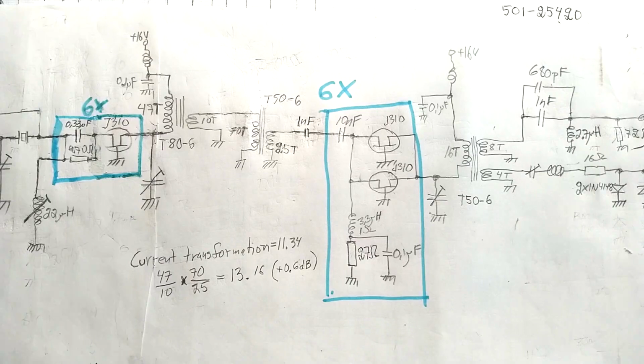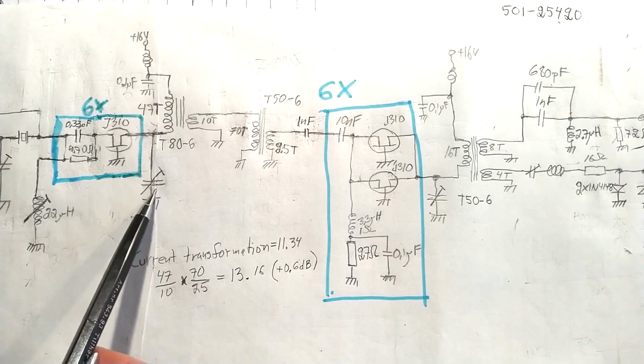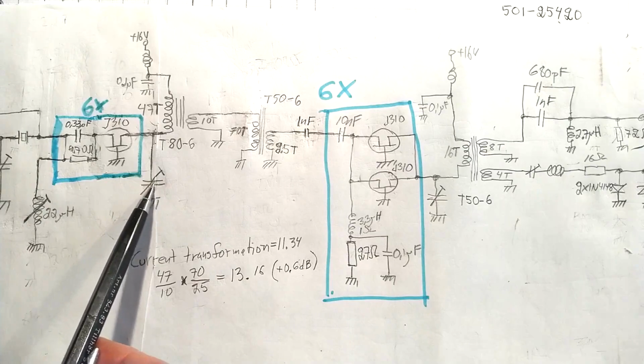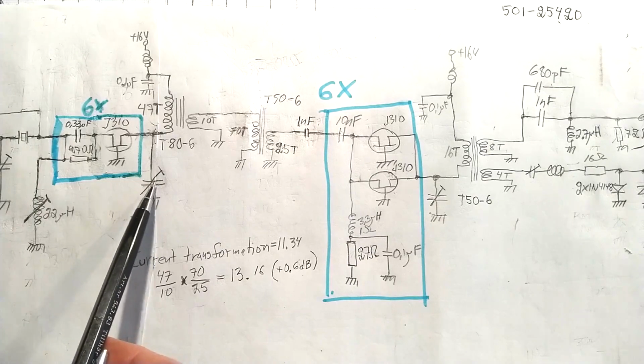I have also tuned things properly. This inductor should be tuned for minimum noise at large separations, while this capacitor should also be tuned for minimum noise at large separations. And that has given maybe 2 decibels or so.